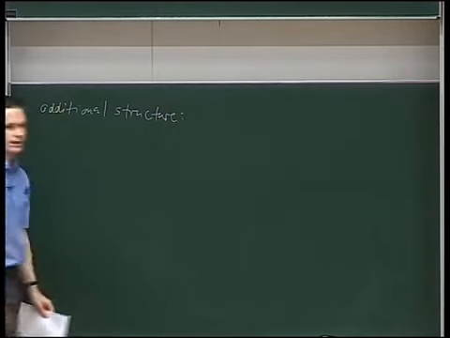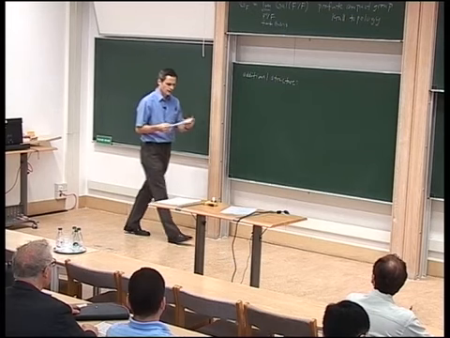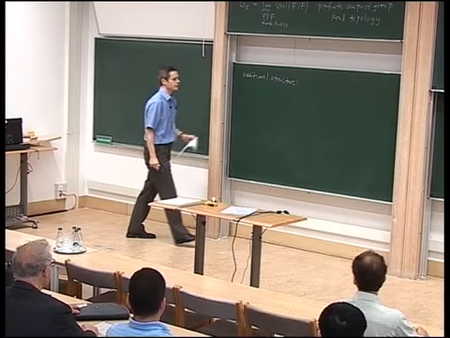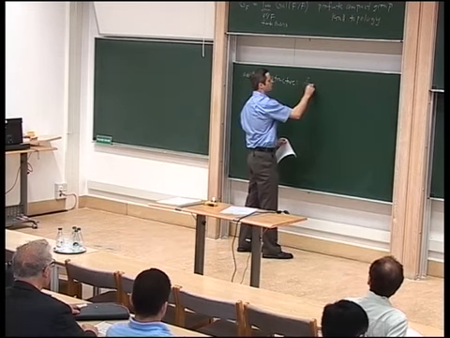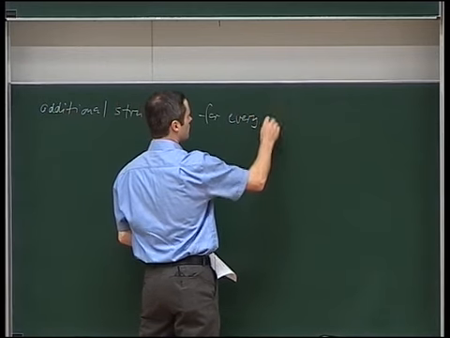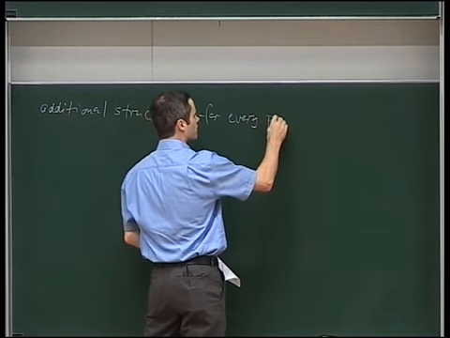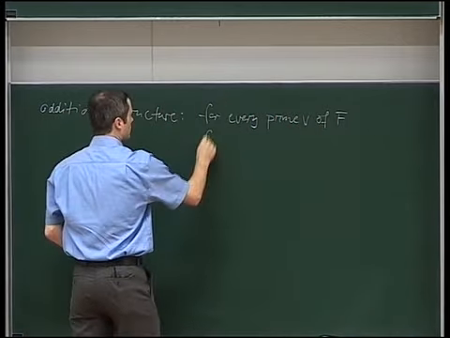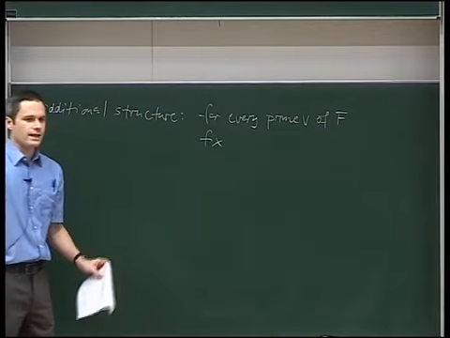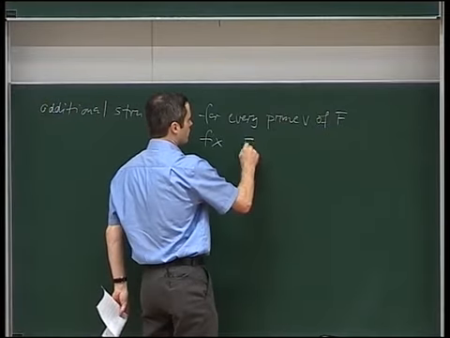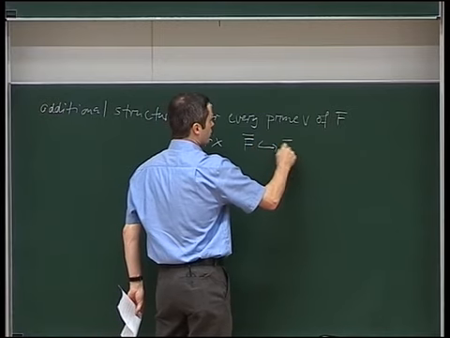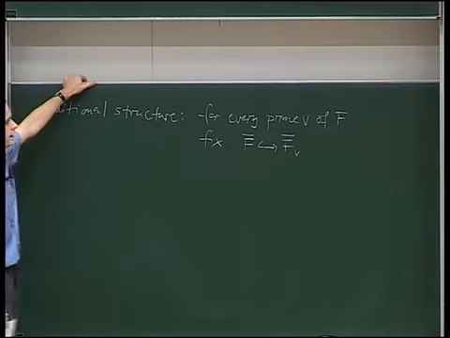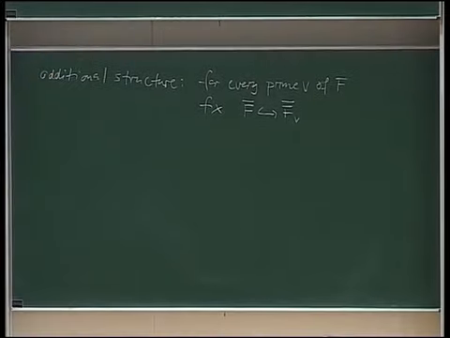The additional structure will be a choice for every prime of this field. So for every finite place or prime v of F, I'll fix an embedding of the algebraic closure of F into an algebraic closure of the completion of F with respect to this prime.